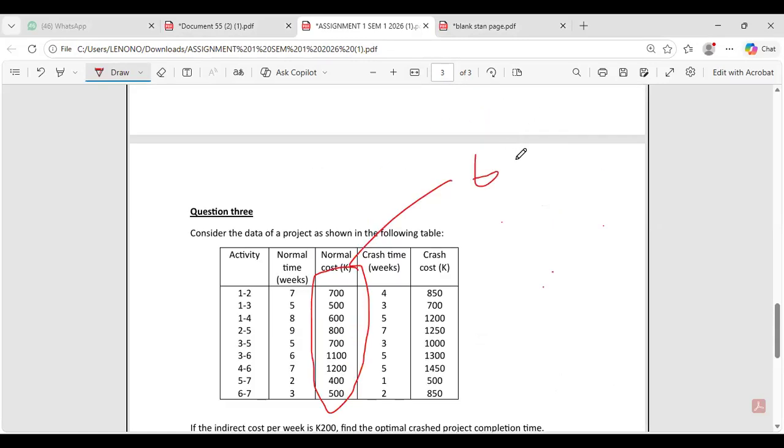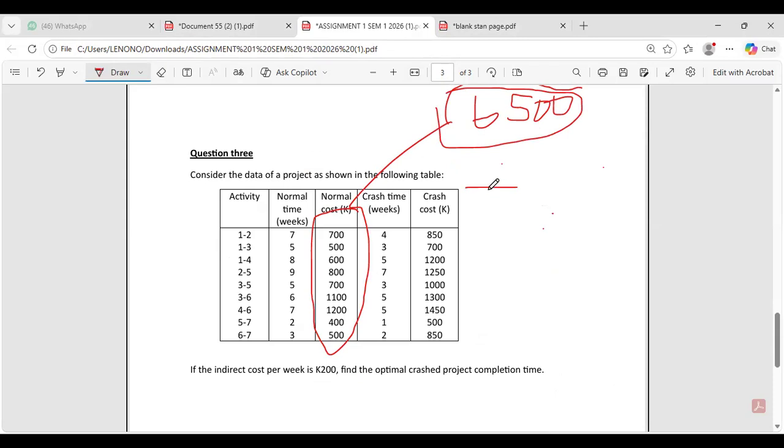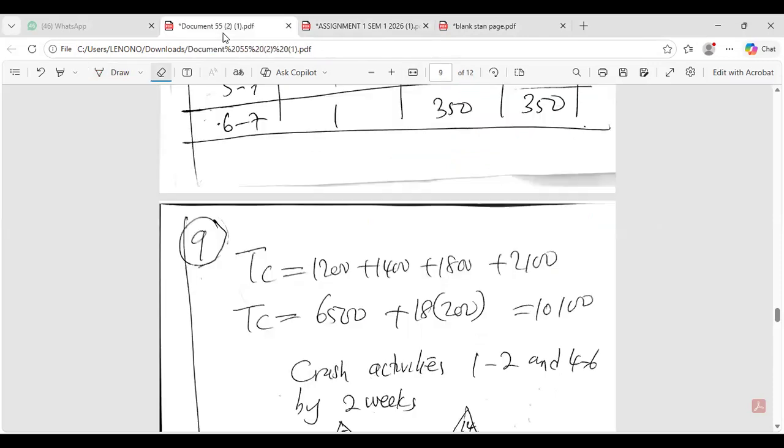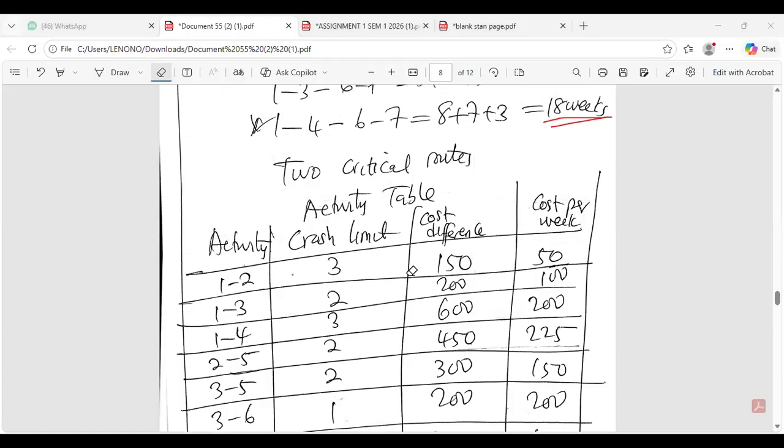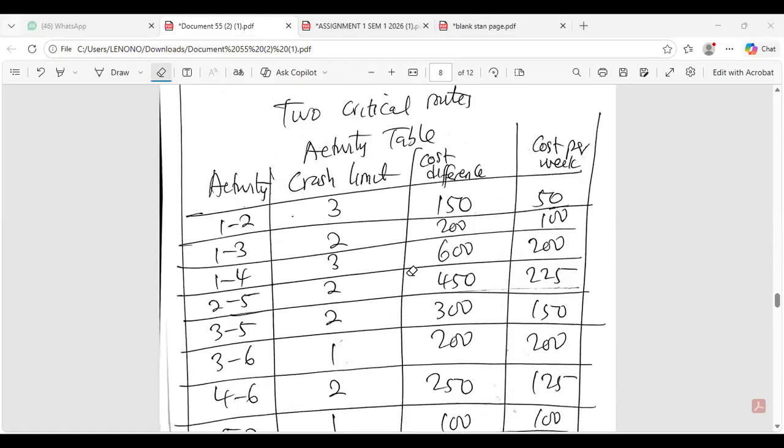Then plus 18 weeks, multiplying this by 200, and this actually gave us 10,100.